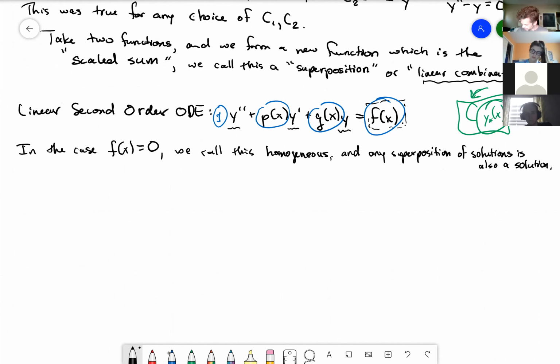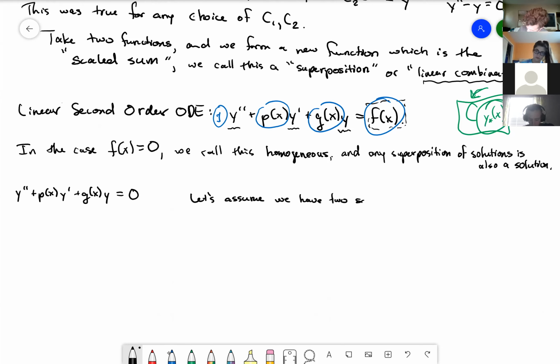Okay, so why is this the case in general? Well, let's consider the general second order ODE, which was y double prime plus p of x y prime plus q of x y, and we're assuming this is homogeneous, so this will be equal to 0. And let's assume we have two solutions, y1 and y2.